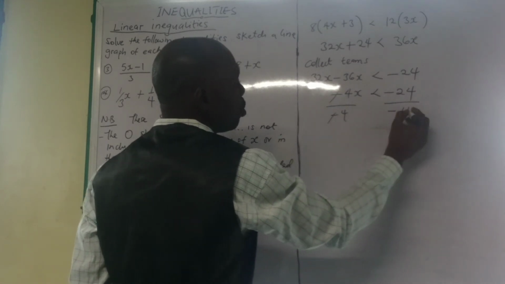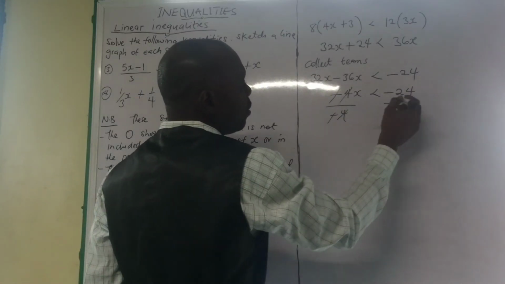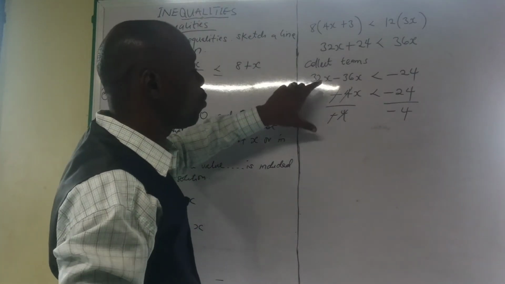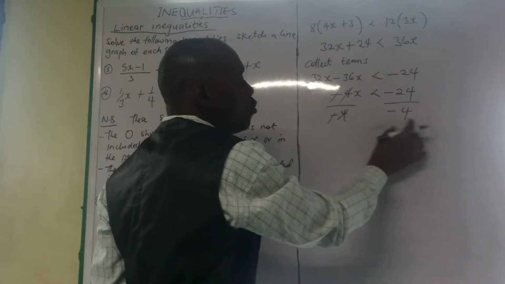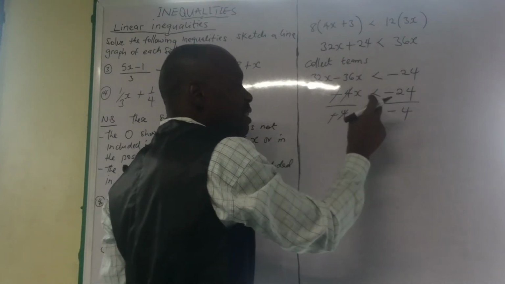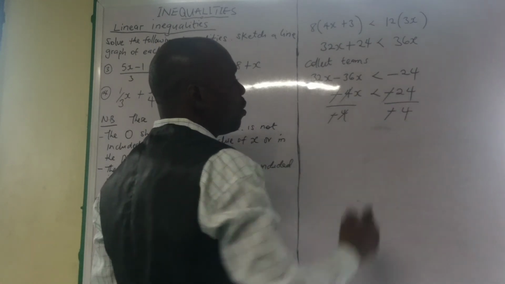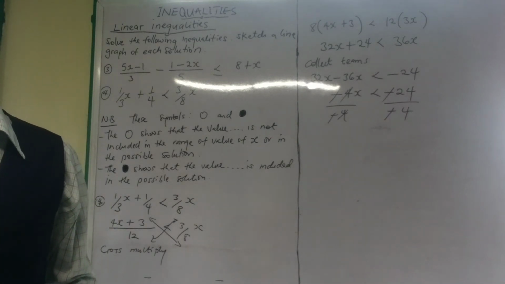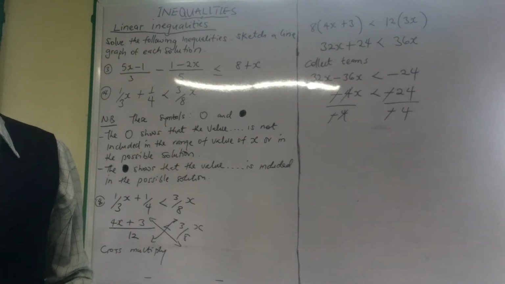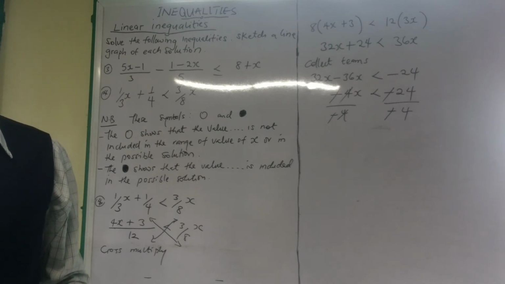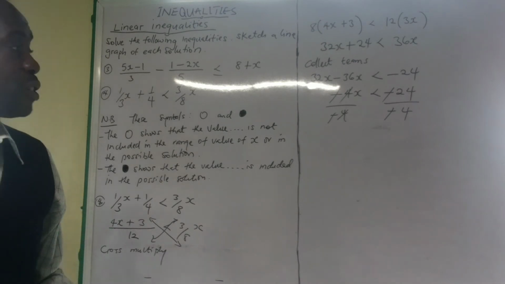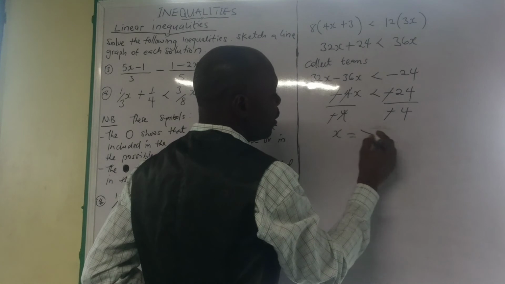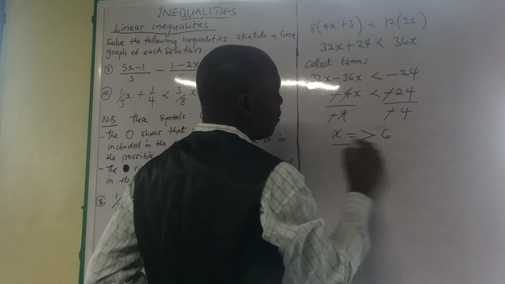So cancel, this one too cancel. Then the negative here, and mind you, we've already used negative in our previous video, the very first one. Once you use anything negative to divide anything, this symbol must change. So 24 divided by 4 is going to give us 6. So we are having x greater than 6 is our answer here.